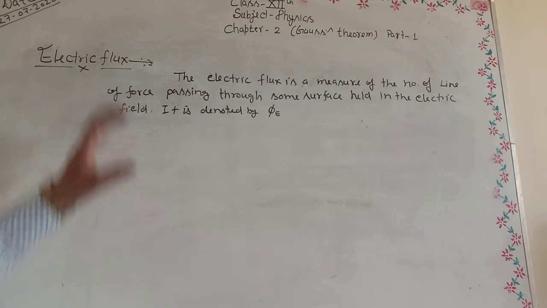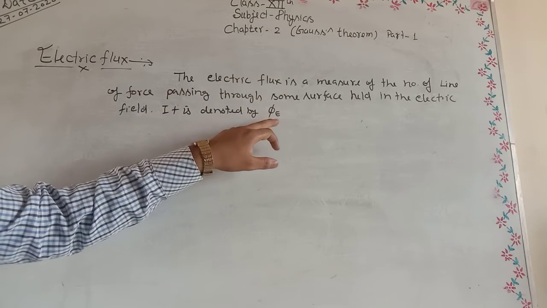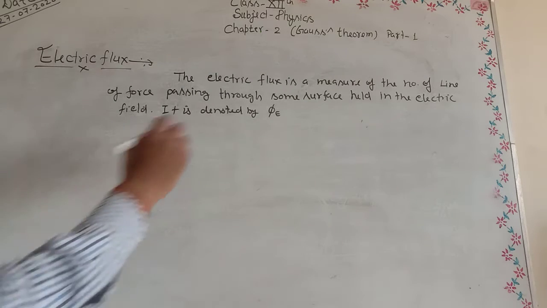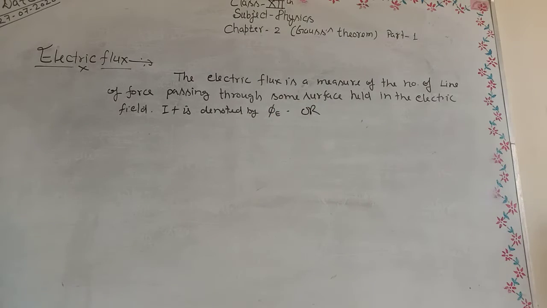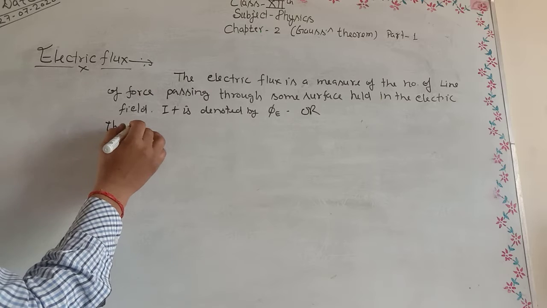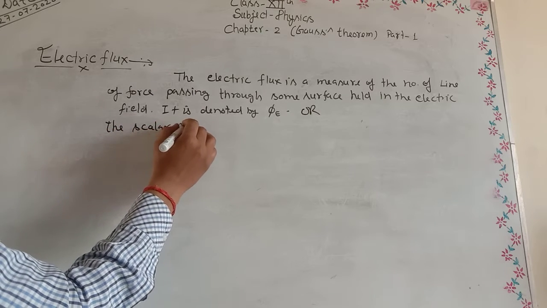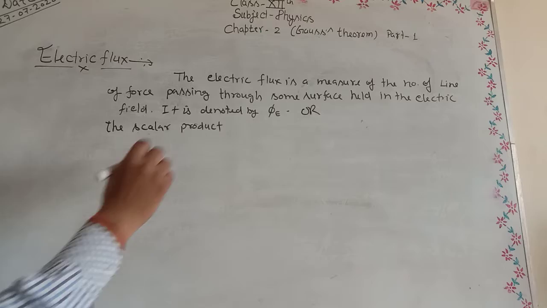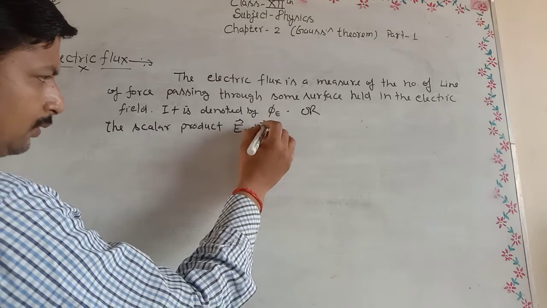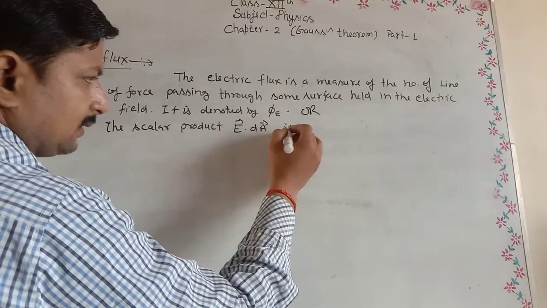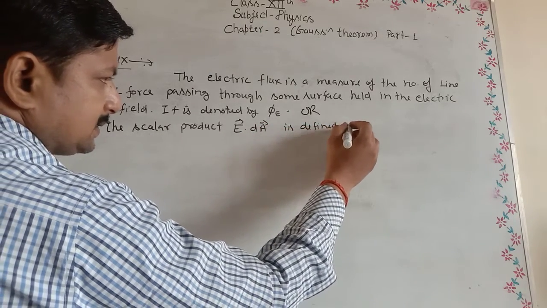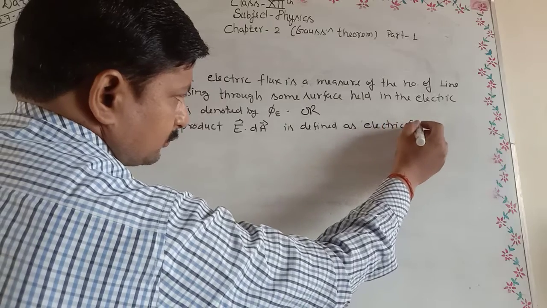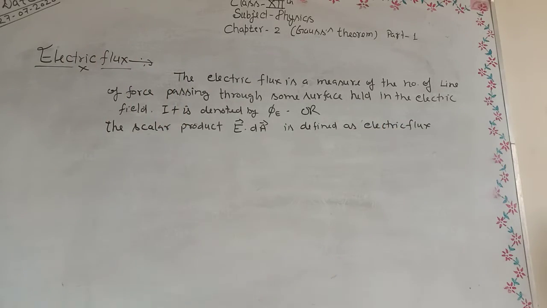Phi is the symbol of the flux and phi e is the electric flux, and the scalar product E dot dA is defined as electric flux through the surface.